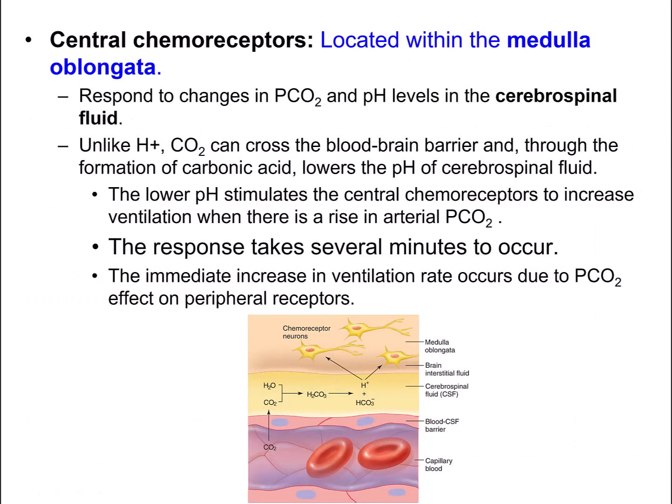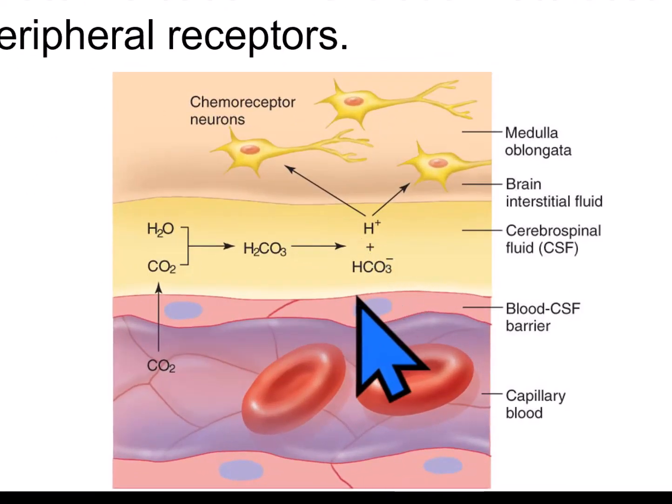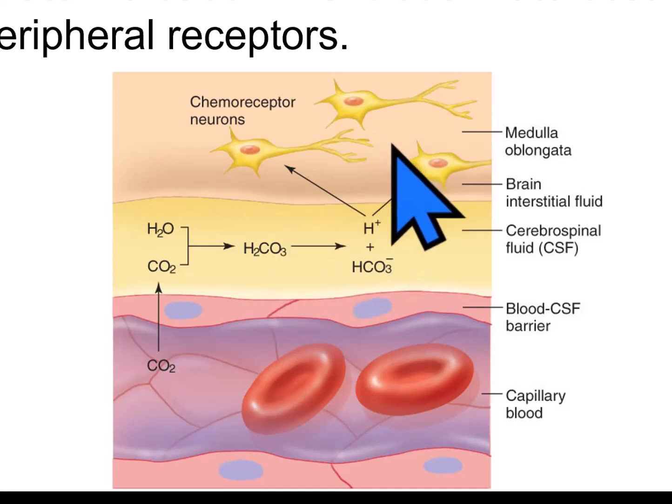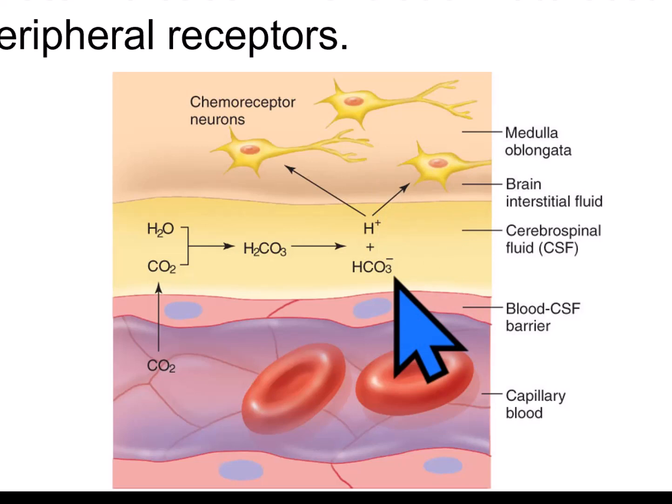Central chemoreceptors are located within the medulla oblongata. They respond to changes in carbon dioxide level and pH levels in the cerebrospinal fluid. Hydrogen ions cannot cross the blood-brain barrier into the cerebrospinal fluid and then into that medulla oblongata, but carbon dioxide can. So how does the central nervous system monitor pH then if hydrogen ions can't cross the blood-brain barrier?